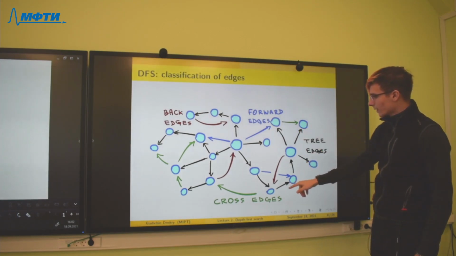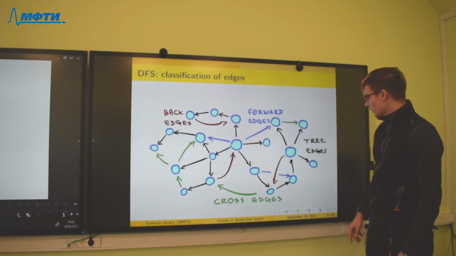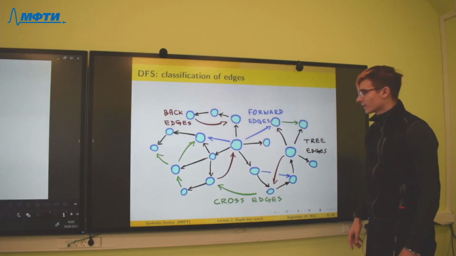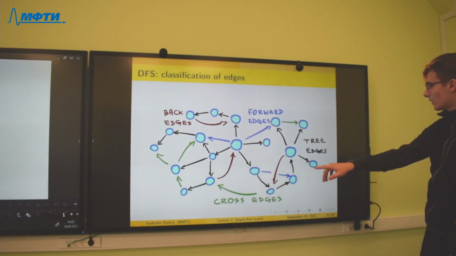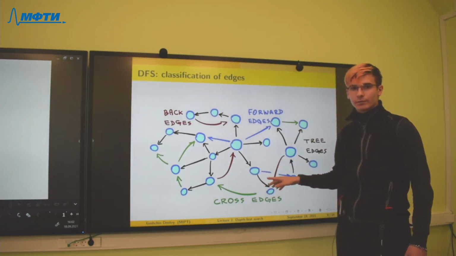And so we have cross edges that connect vertices that have no order in this tree. Okay.